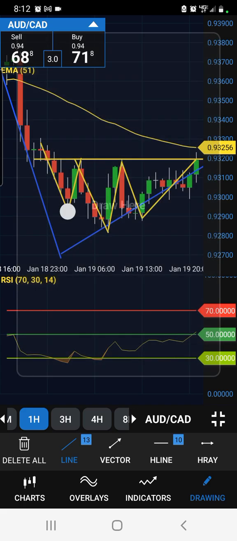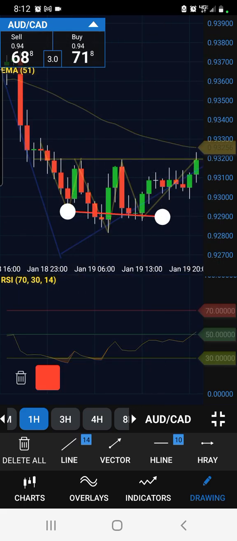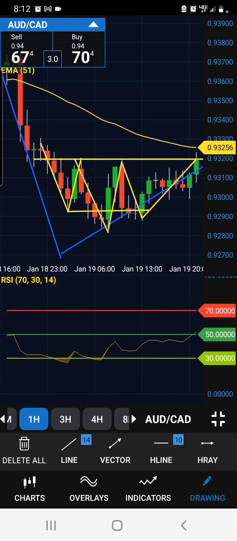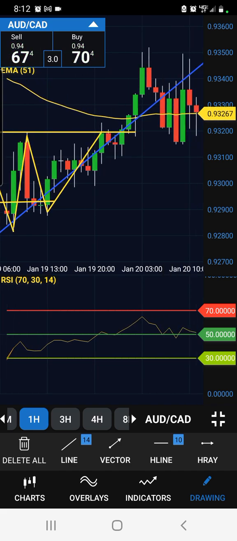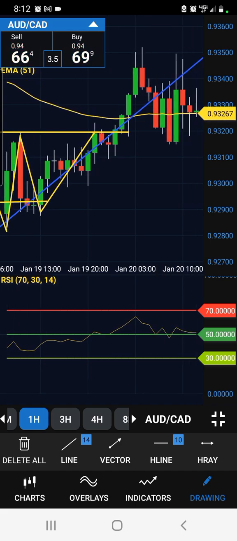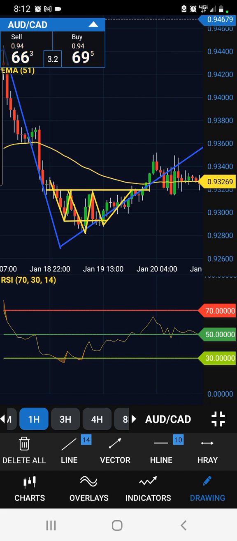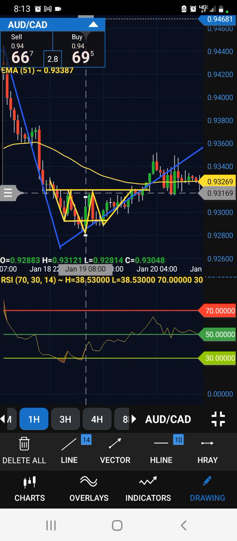I can draw a resistance line here so that you can see what I'm talking about, and also make it yellow. Now, what I waited for was price to break through this resistance line.